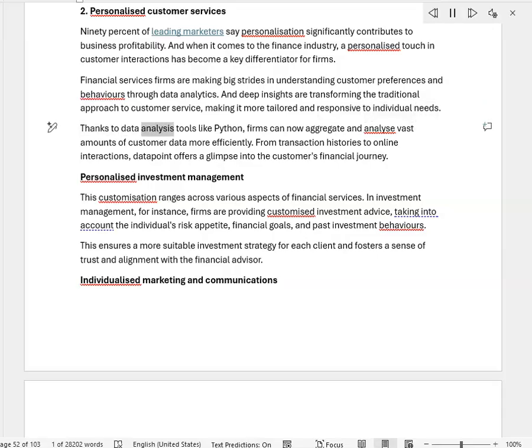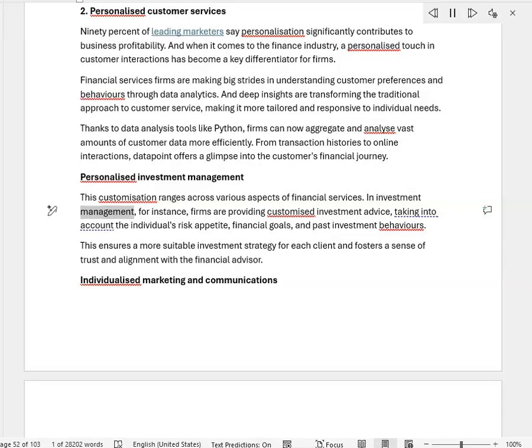Thanks to data analysis tools like Python, firms can now aggregate and analyze vast amounts of customer data more efficiently. From transaction histories to online interactions, data points offer a glimpse into the customer's financial journey. Personalized investment management. This customization ranges across various aspects of financial services.